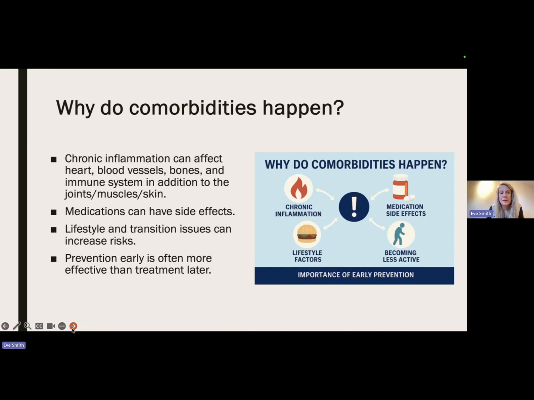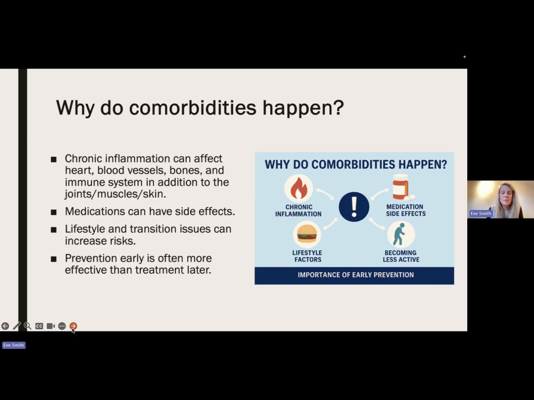And the reason that they happen, so a lot of paediatric rheumatic diseases are characterised by inflammation that happens over a long period of time. And what we're trying to do with our treatments is try to get that under control and to keep it under control as much as possible. But often conditions can have flare-ups, and it's very difficult to keep inflammation under control completely over the longer term.